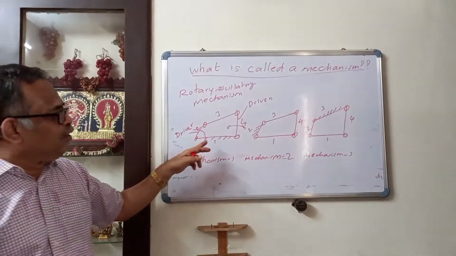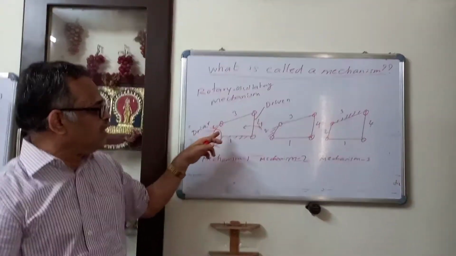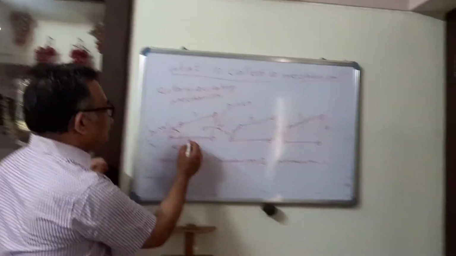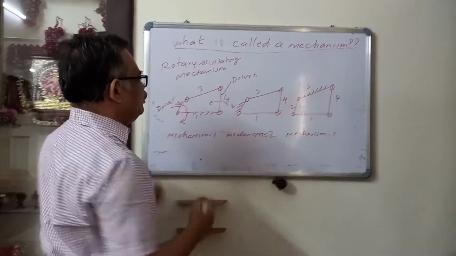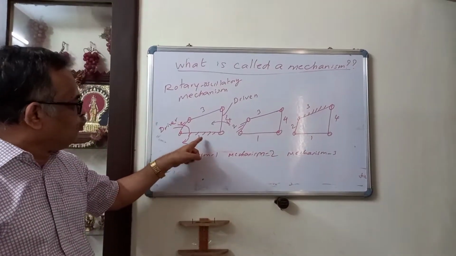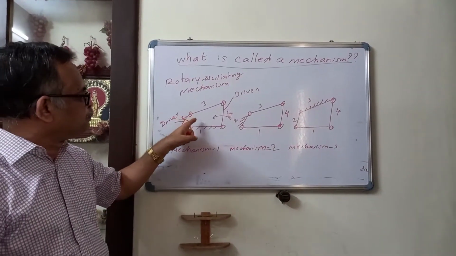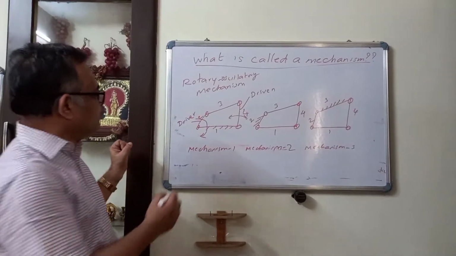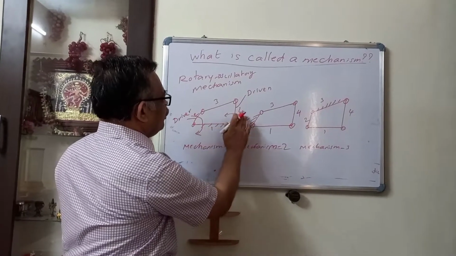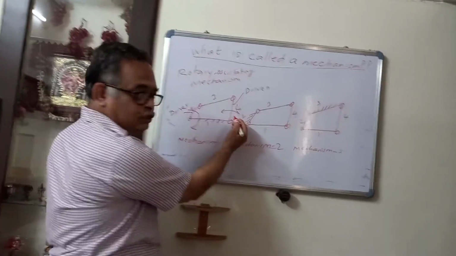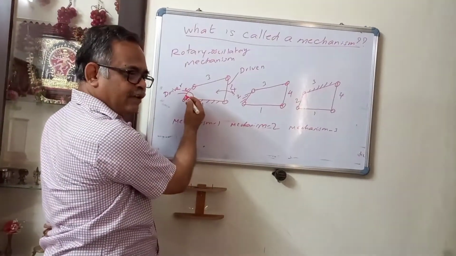The same thing, if link 4 is fixed, or instead of fixing this link, if the opposite link is fixed. For inversion, what we should do is, instead of taking this as the driver, this should be the driver and this should be the driven.